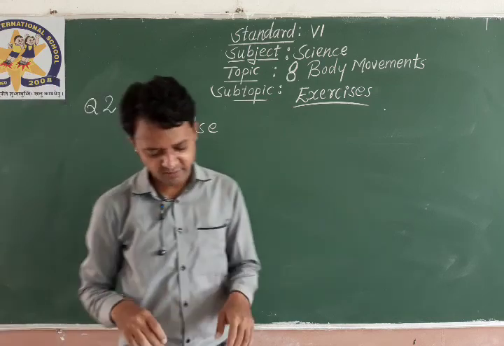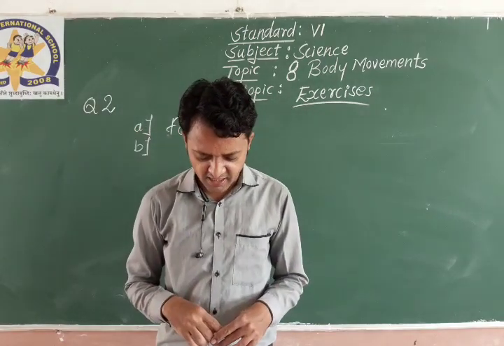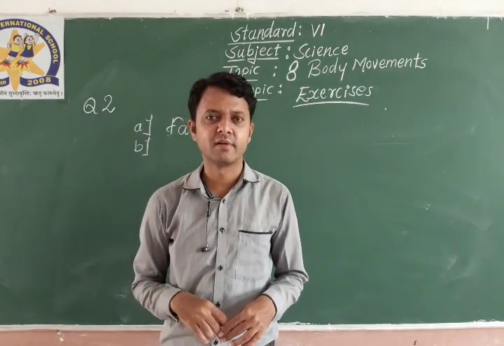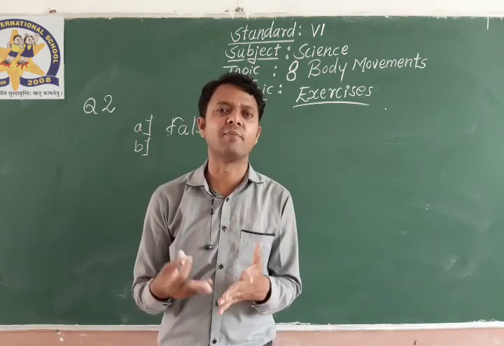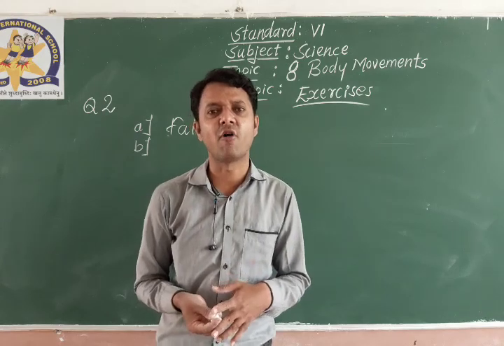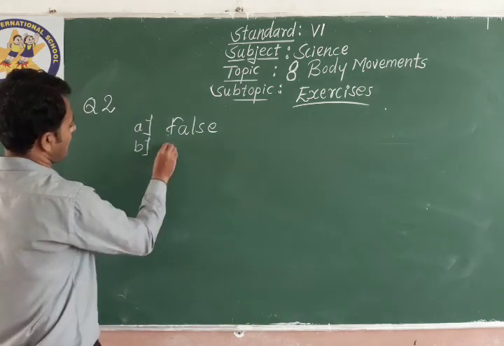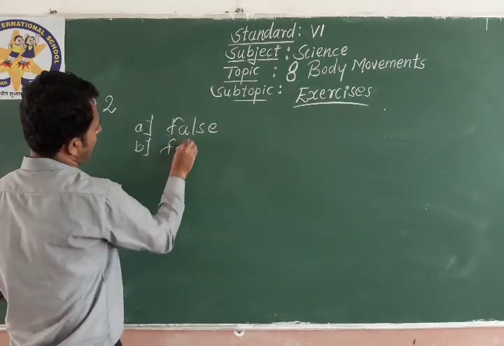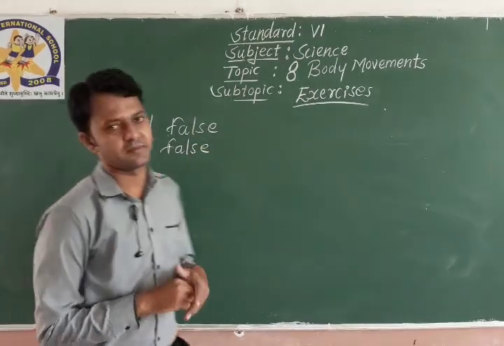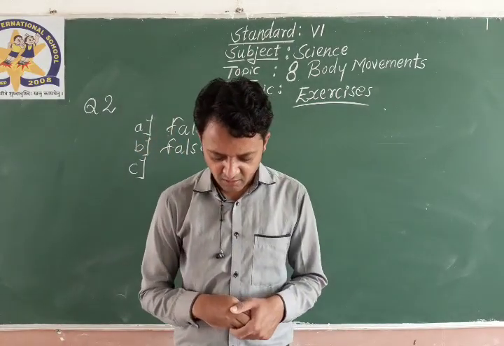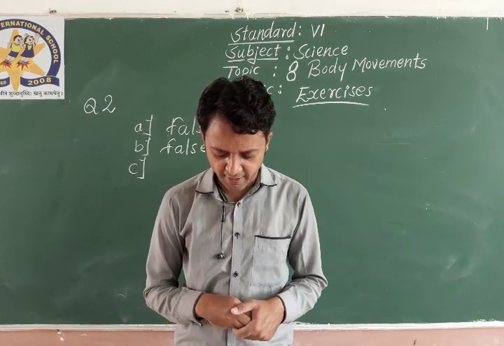B. The cartilages are harder than bones. False. The cartilages are softer than bones, so the statement is false. C. The finger bones do not have joints.